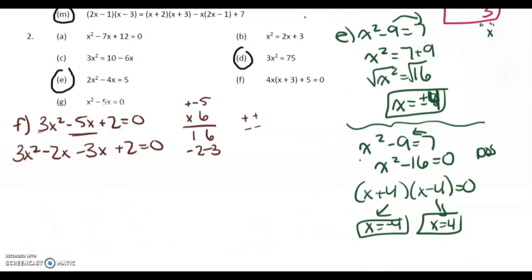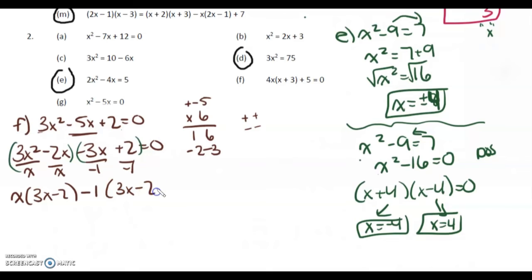Okay, and then we're going to factor by grouping. So we're going to group the first two terms and the last two terms. So we can divide out an x, and then we can divide out just a negative 1. Okay, so if we divide out an x, we're left with 3x minus 2. If we divide out a negative 1, we're left with 3x minus 2.